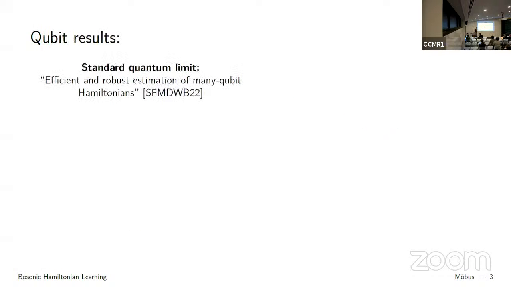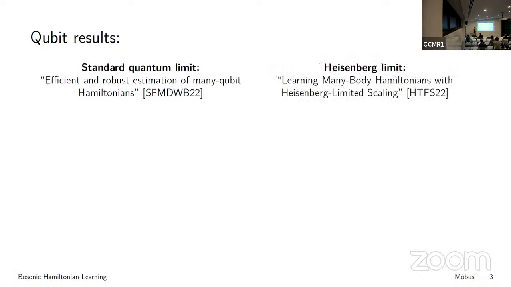But before we look at the bosonic case, I will shortly recall two qubit results which are very close to ours, though of course there are many others. One is about the standard quantum limit, by Daniel et al. The other is the Heisenberg limit case, by Robert Huang et al.